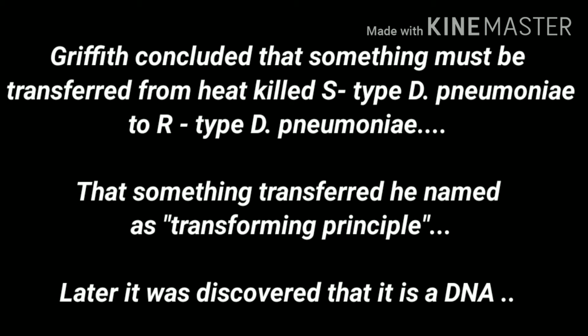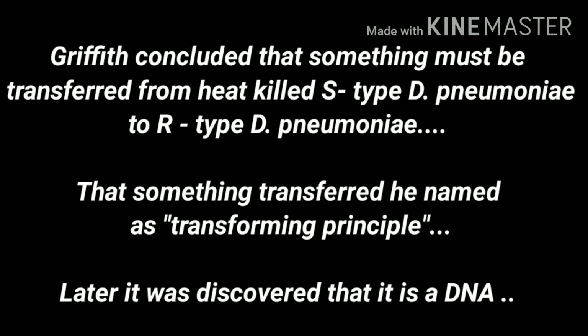Then Griffith concluded that there must be something that was transferred to R type bacteria so that they get converted into the S type bacteria. This phenomenon he called transformation, and he named that something transferred the transforming principle. It was later proved that this transforming material is DNA.